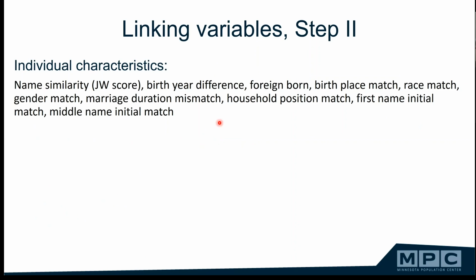For example, we're controlling for name similarity, birth year difference, whether the individual in 1900 in census A was foreign born. There's a match in birthplace, match regarding race, match regarding gender, marriage duration mismatch if there is such information, household position match, first name initial match, middle name initial match. Again, I encourage you to read the paper if you want to find out, because the variables are quite more elaborately explained there.